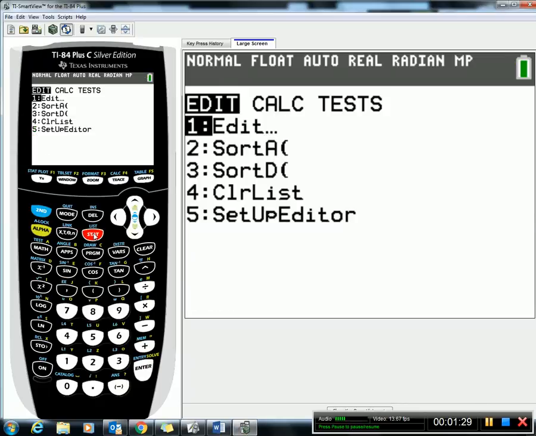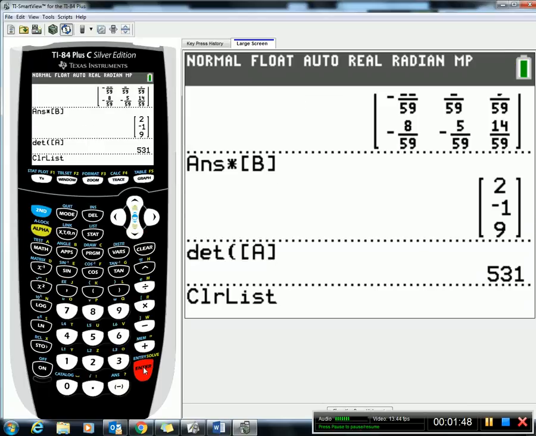Now, I want to edit, but before I do, I might need to clear information in my lists. So let me just remind you that if you've got information in the list that you do need to clear out, hit choice 4, clear list, hit enter. It's waiting for you to say clear out what's in L1 and L2.